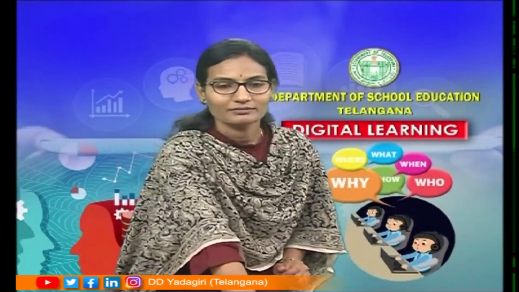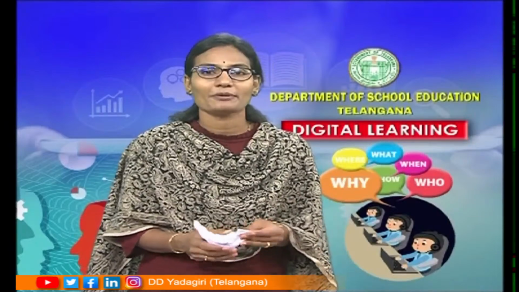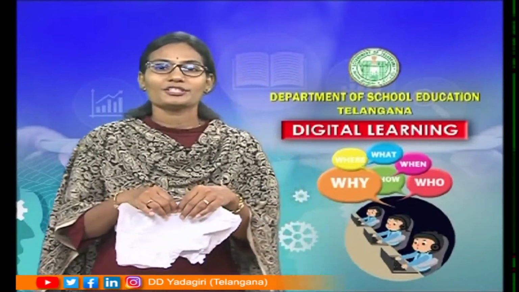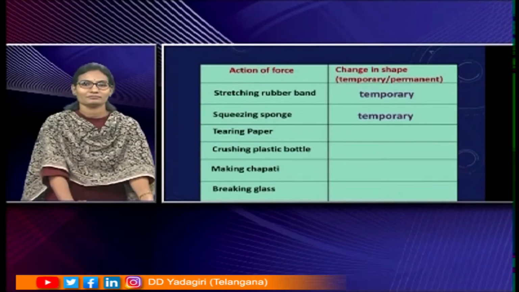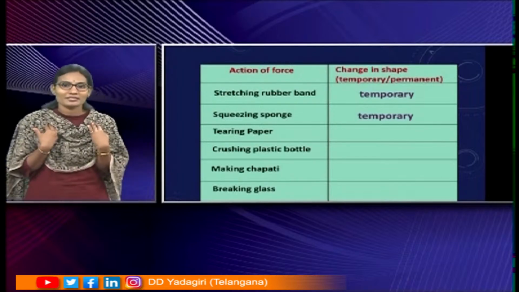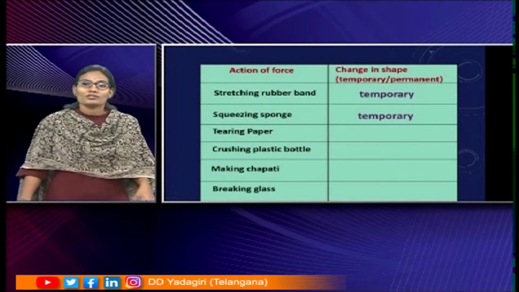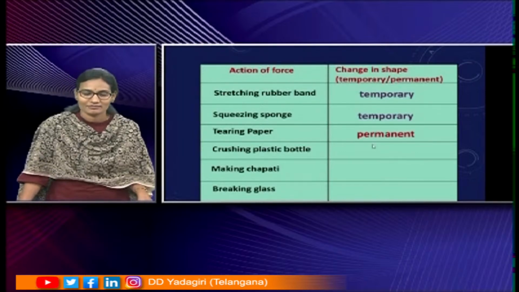Now, I am taking the same paper. So, tearing the paper. After tearing the paper, can we stick it together? No, we cannot stick it together. I am not a magician, so I can't stick it. So tearing paper is also a permanent change.